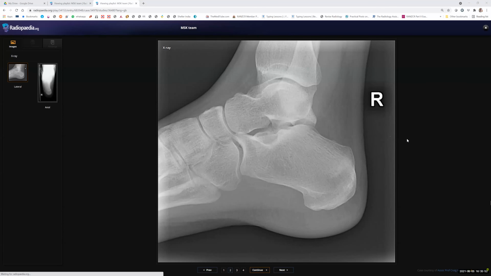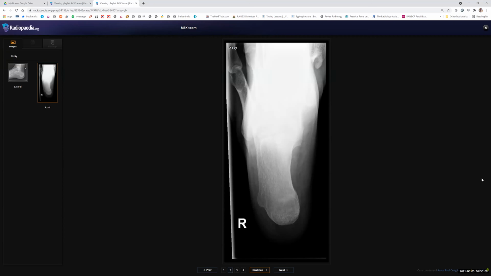I see mild periosteal reaction in the calcaneum. That's all I can see. Can I have another view? I just see a mild periosteal reaction.